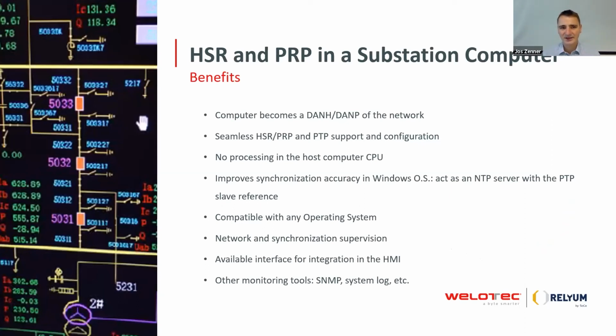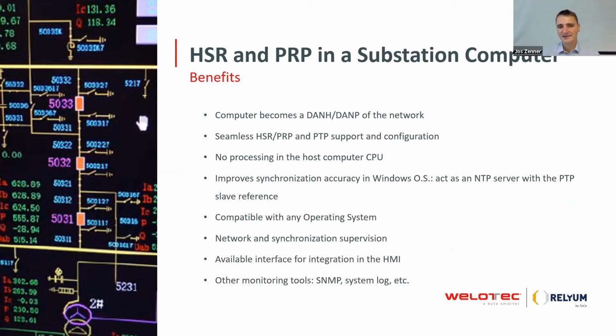So if you put HSR and PRP cards into a substation server, as we do in many projects, the server itself becomes a dual attached node for HSR, mainly in the process bus, or a dual attached node for PRP, mainly in the station bus.